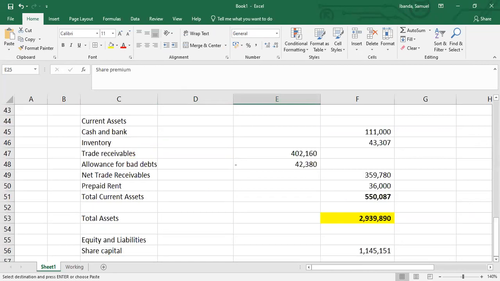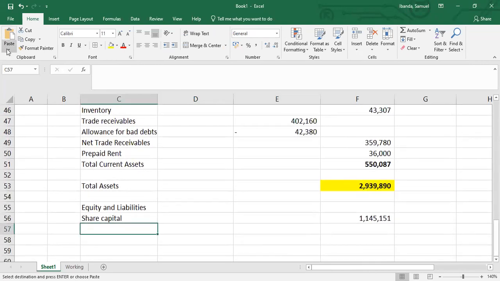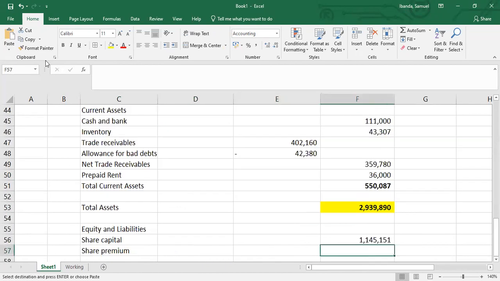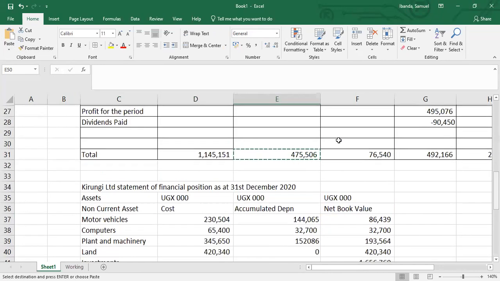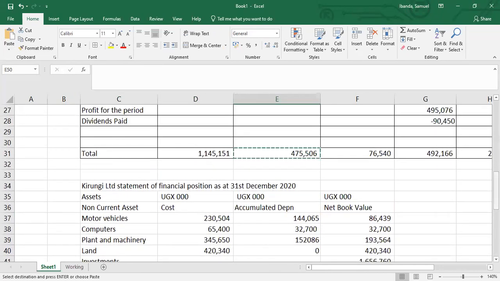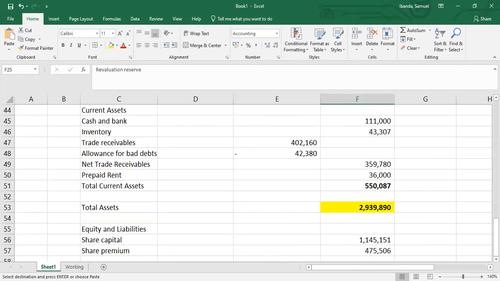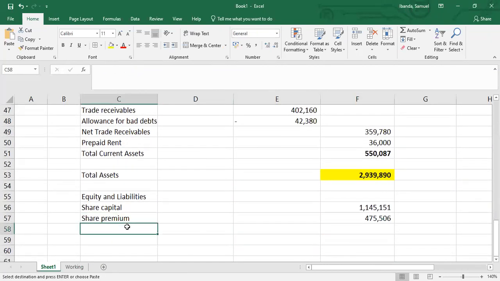The reason why I'm speaking this is just in case there were any adjustments in the additional information, they should have been taken into consideration at this level. So I'll record that one as well. Then I'll come to the revaluation reserve.